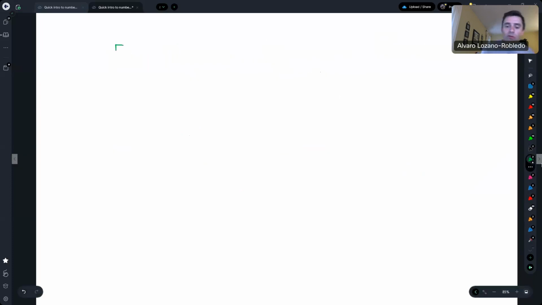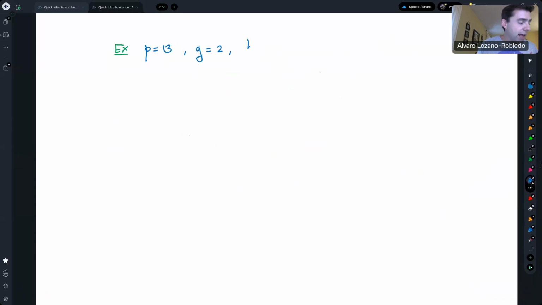Let's try to solve the discrete logarithm problem in one case. So P is 13, which is not a very, very large prime. G is 2, and H is 5. So the question is, what is the logarithm in base 2 of 5?